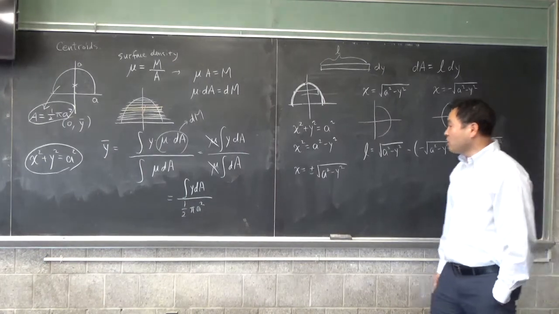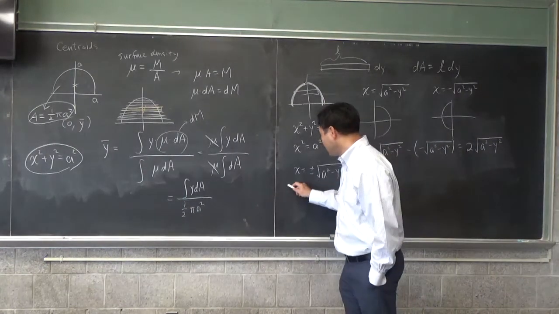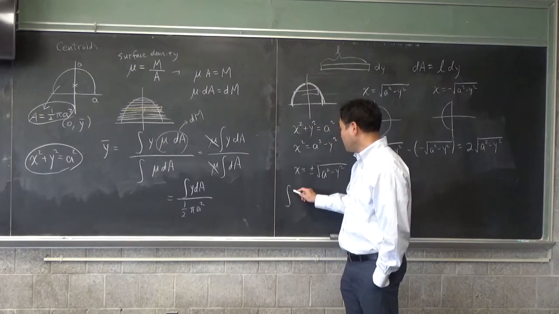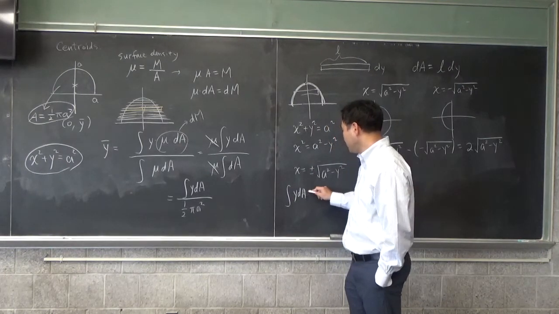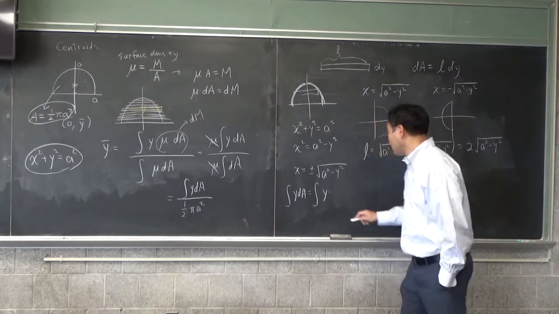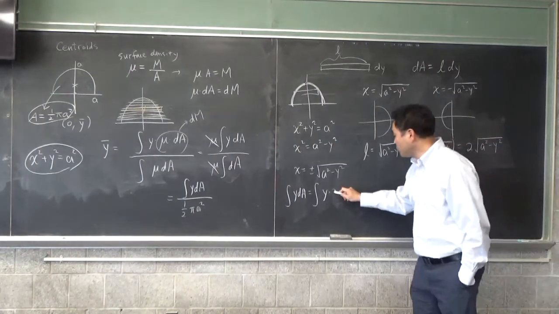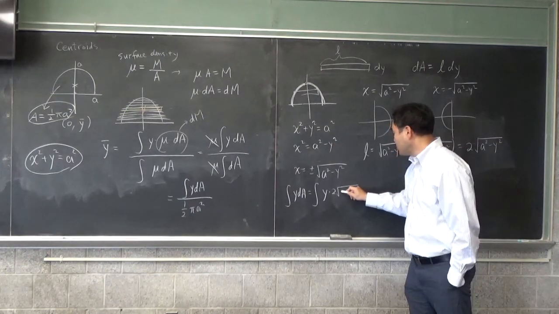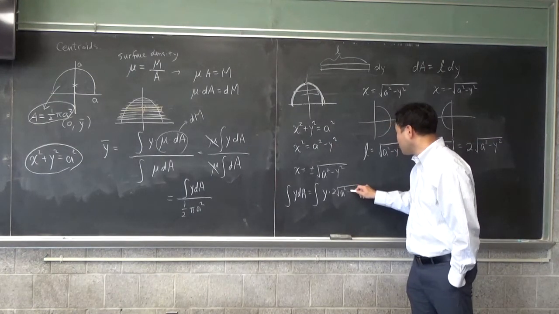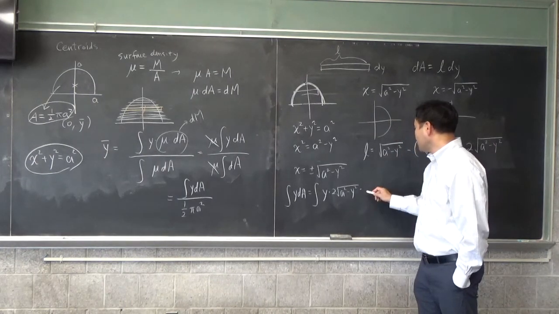Okay, now that we know what dA is, we can calculate the integral of y dA, which is the integral of y times dA. We found it to be L times dy, but L is this, so 2 times the square root of a squared minus y squared times dy.